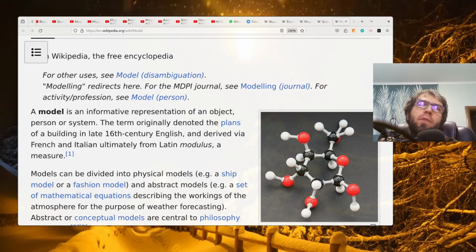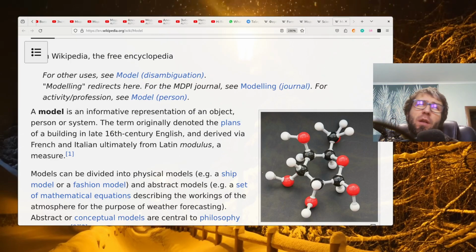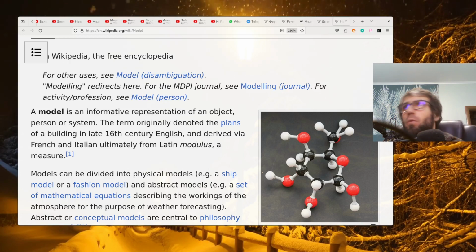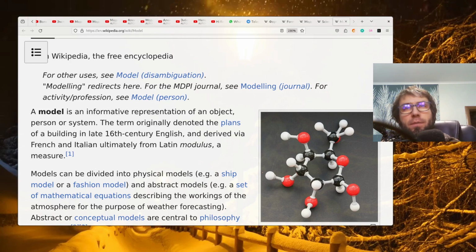We can divide models into two classes. The first class is the physical models, as I said, for example, a plasticine model of a mountain.